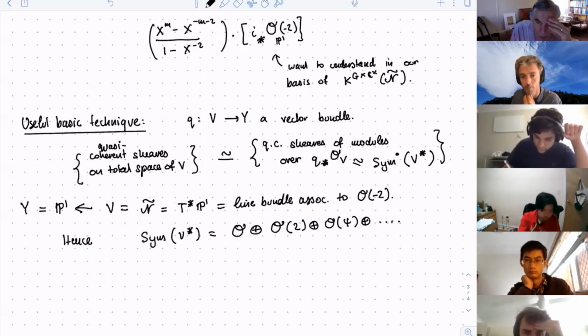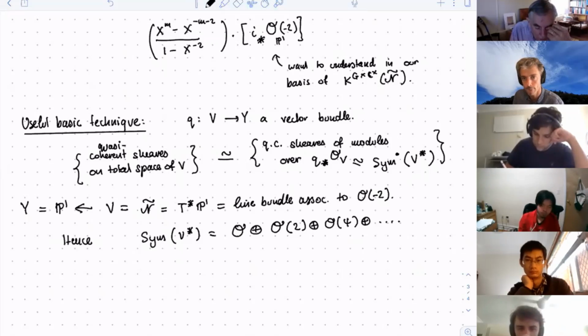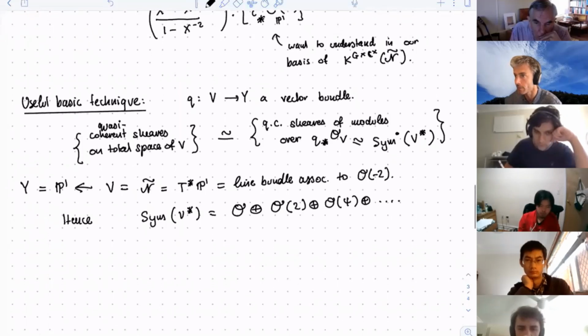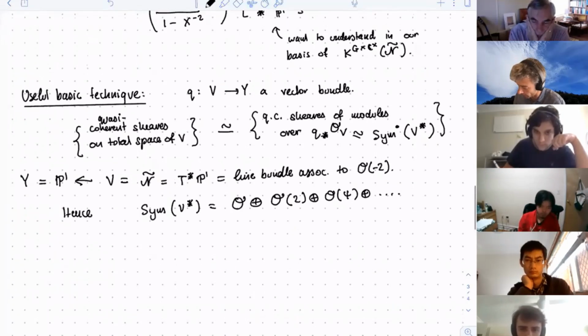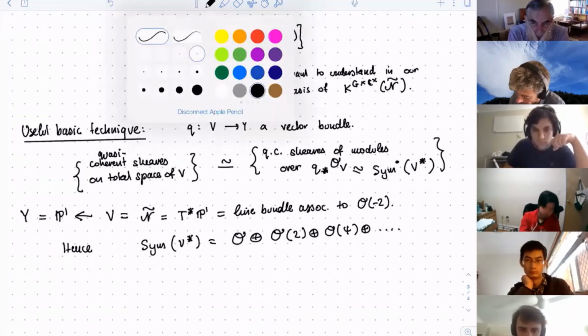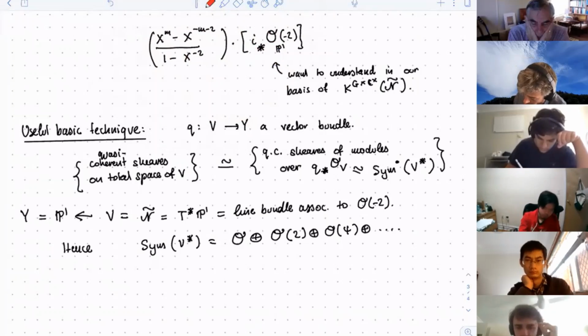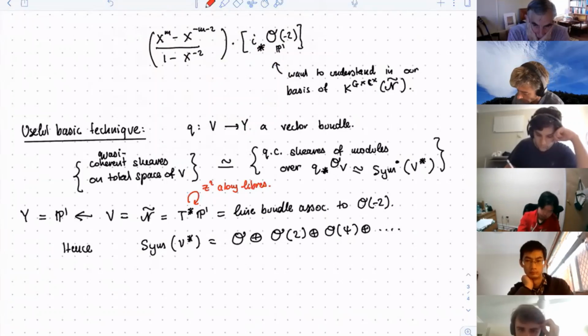Okay, so we're looking at sheaves of modules over this sheaf of algebras. And notice that we have this C star hanging around. So C star acts here as Z squared. And this piece here is the dual space, and so here it acts as Z minus 2.